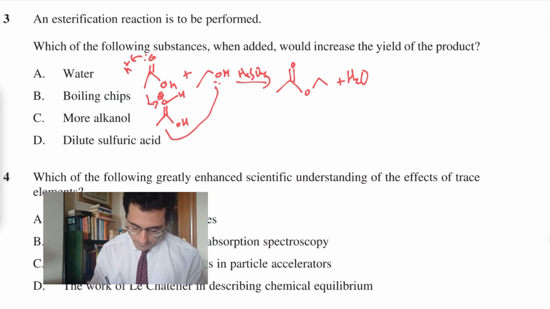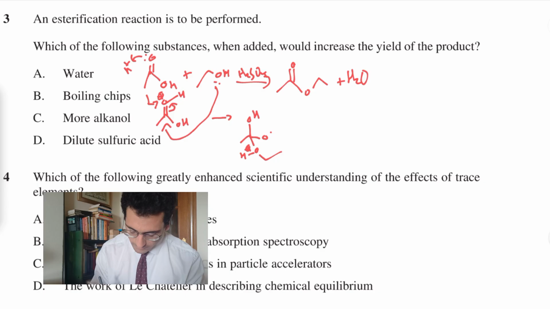Now, the lone pair from the ethanol oxygen attacks the carbonyl, and we neutralize that positive charge. This generates a tetrahedral species, which again is itself quite unstable. And of course there is a positive charge on the ethanol, which has donated its lone pair.